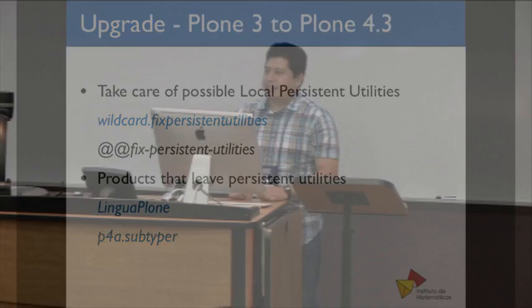You install it and take out all the utilities easily. So when somebody is making an upgrade and needs to remove these things, use this product. You just have to append fix persistent utilities in the URL, and there's the view that lets you remove these things.